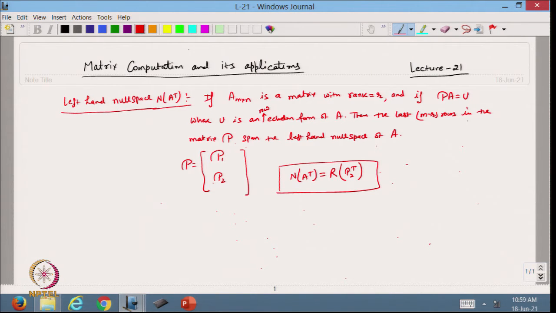So, this is some observation about the left hand null space.